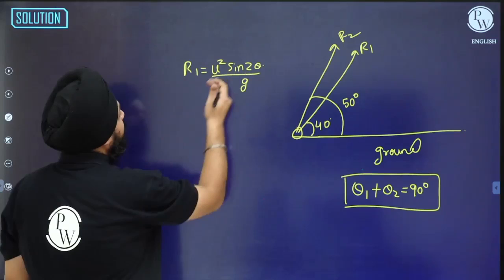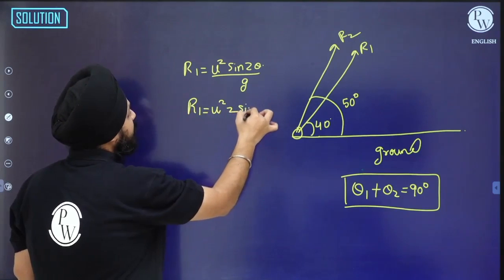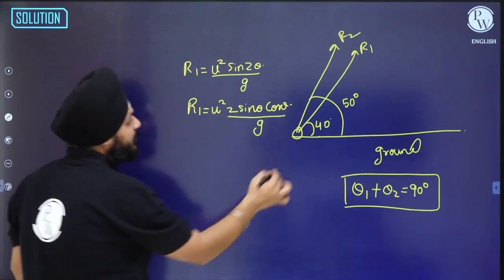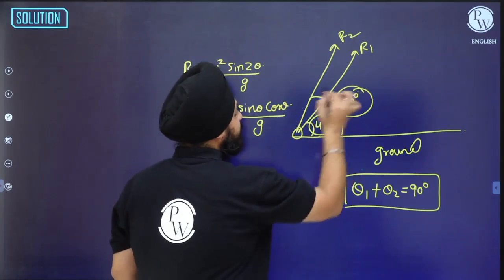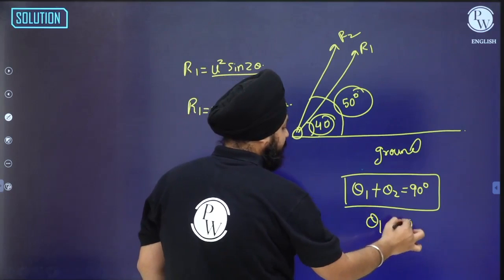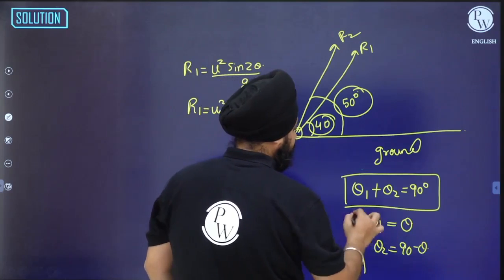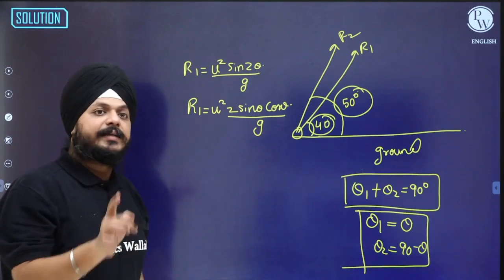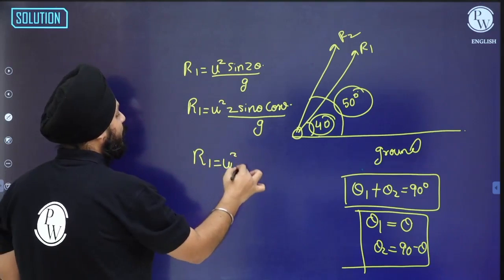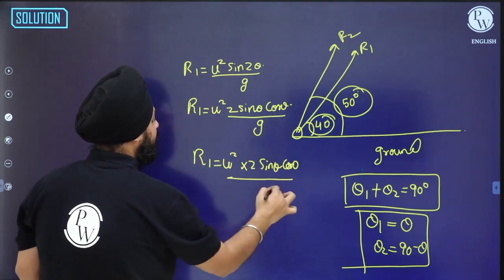So here R1 is equal to u square 2 sine theta cos theta by g. Suppose this is 40 and this is 50. So can I consider theta 1 as theta, theta 2 as 90 minus theta? Is it possible? So R1 will be u square 2 sine theta cos theta by g.